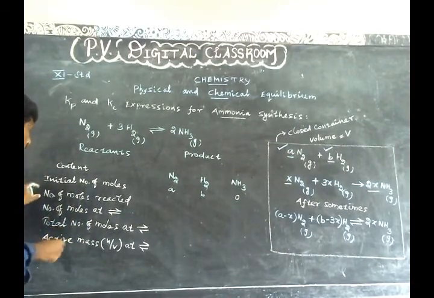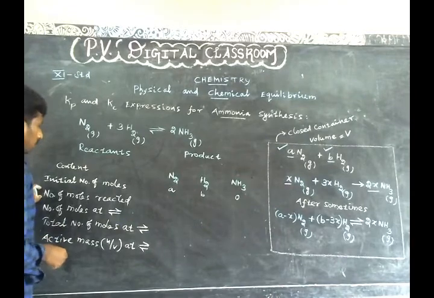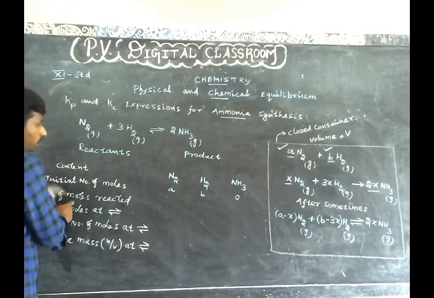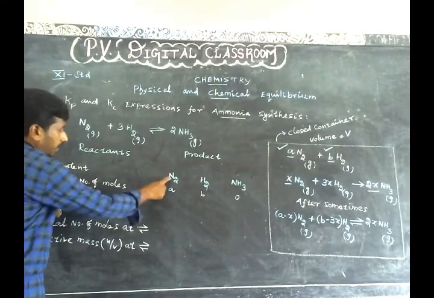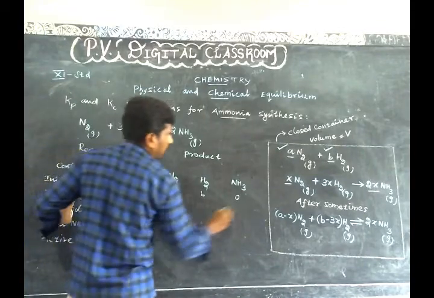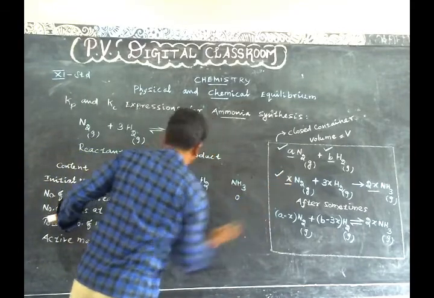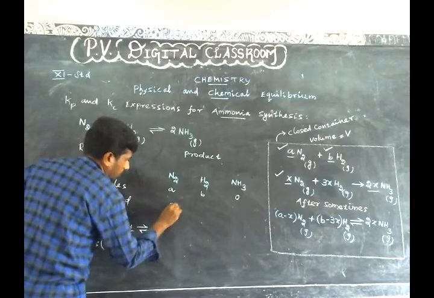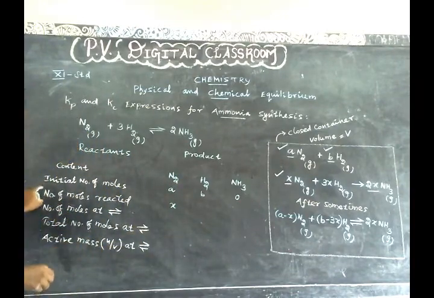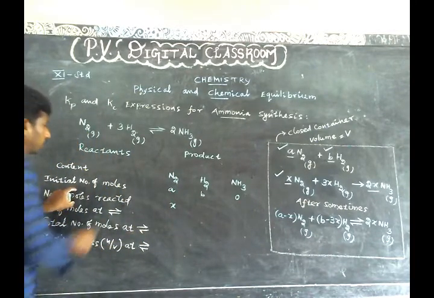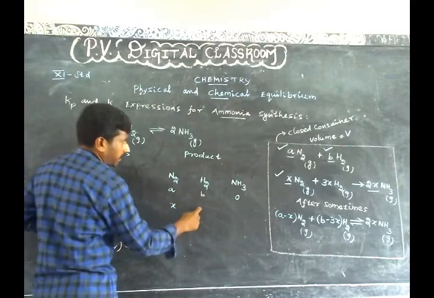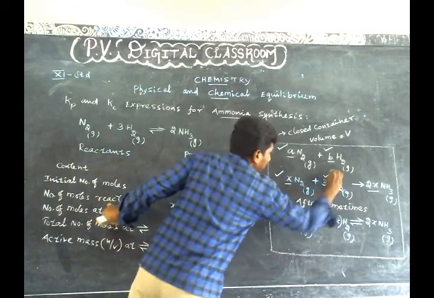Next, the number of moles of reacted nitrogen gas is x. Then the number of moles of reacted hydrogen gas is 3x.